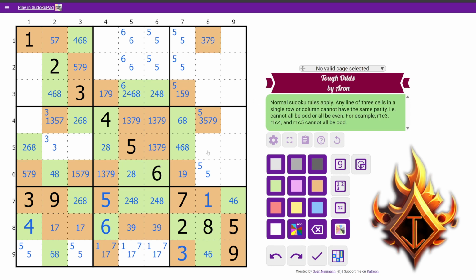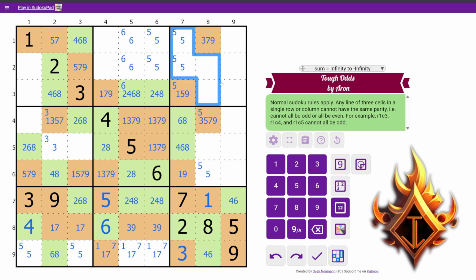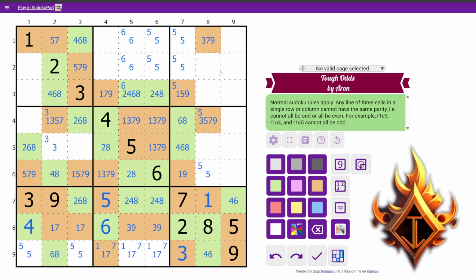Okay, that seems like... So one of those. Is there gonna be 2 evens over here then? I believe so. One of these will be even as well.